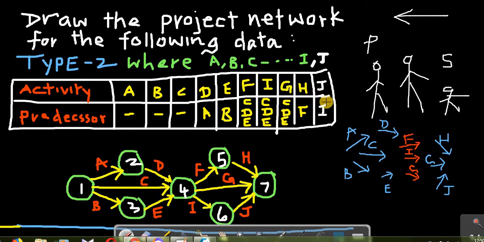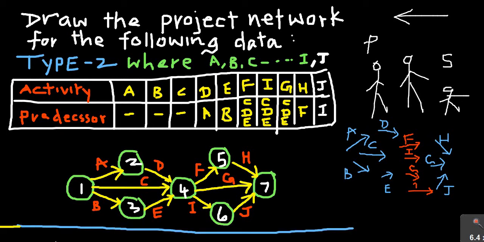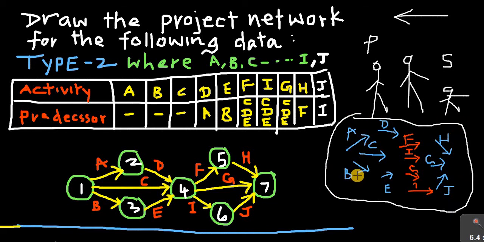And then J has a predecessor as I. So I have to put this activity here, so here I will write I. These are some of the clues, the rough picture I have here. On the basis of that, I join now.